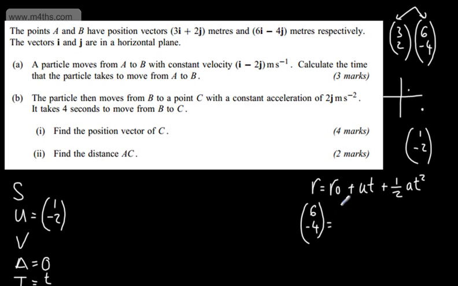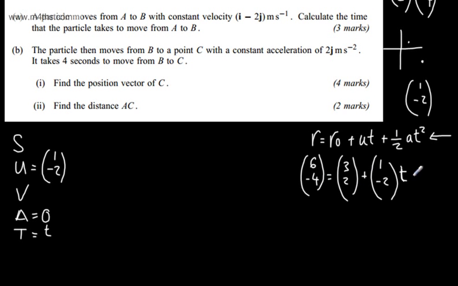We're going to start at the point 3, 2. Then I've got ut. Well, we know that u is 1, negative 2, and we're going to multiply that by an unknown t. At this stage, a is 0, so this part of the equation is not applicable. We're going to have an equation for the i component and also for the j component.